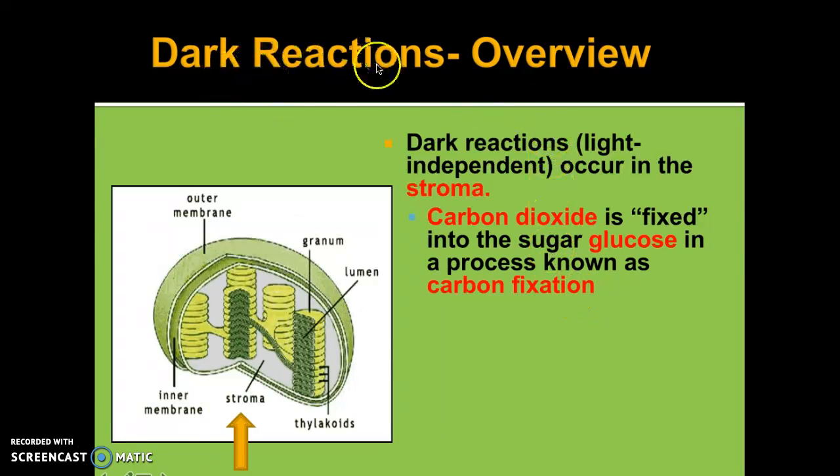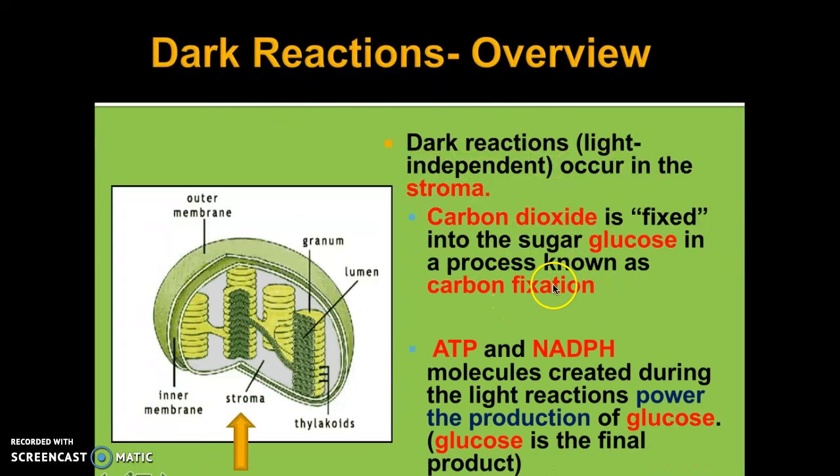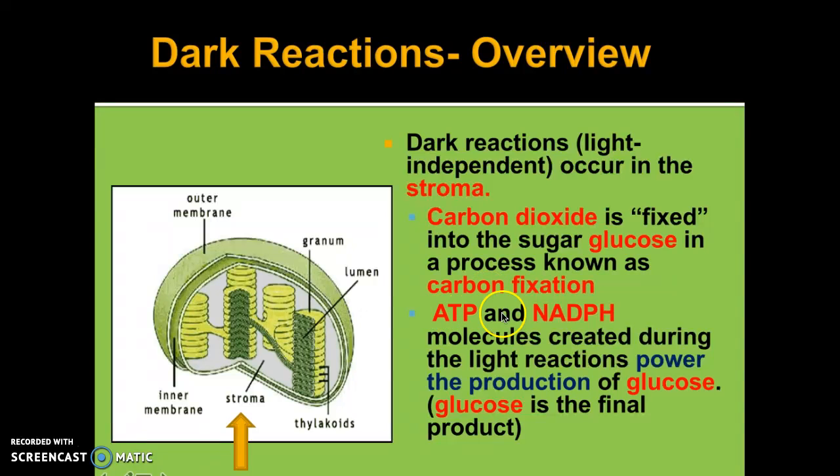So when we talk about the dark reaction, this is where carbon fixation occurs. Basically, the ATP and NADPH that we made during the light reaction are going to be used to power the process of making those glucose molecules as the final product.